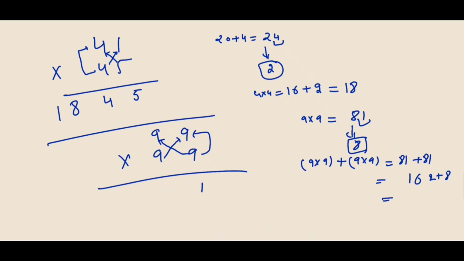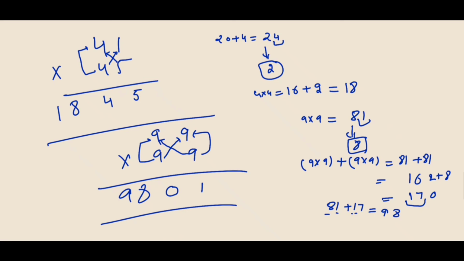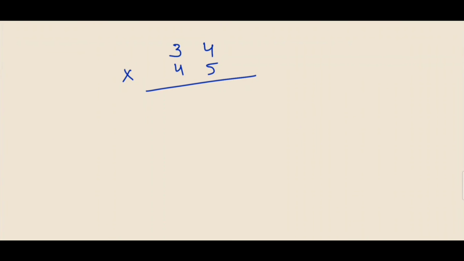So my answer will be 170. So here 0 will come at tens place, and this 17 is my carry forward now. The last step is we have to multiply this 9 with 9, which is equal to 81, and add 17 to this 81. So I will get 98. So my answer is 9801.